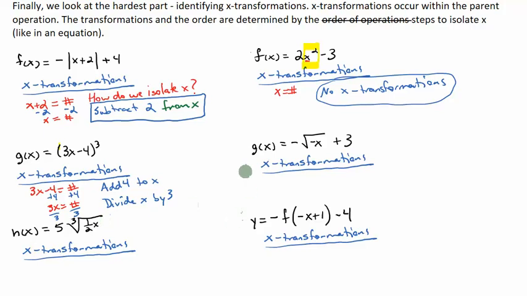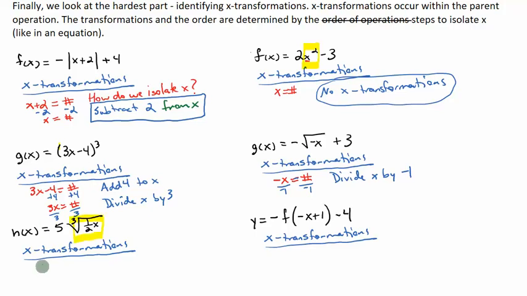Okay? Next, the parent operation is the square root. Inside I've got negative x. If that were in an equation, to get x by itself, I would divide both sides by negative 1, and that's it. So my x transformation is divide x by negative 1. Next, my parent operation is the cube root.